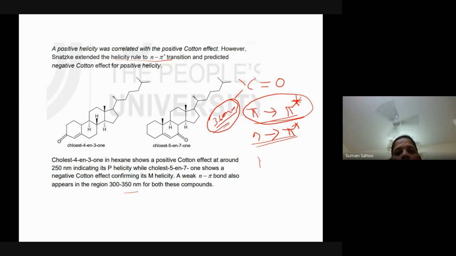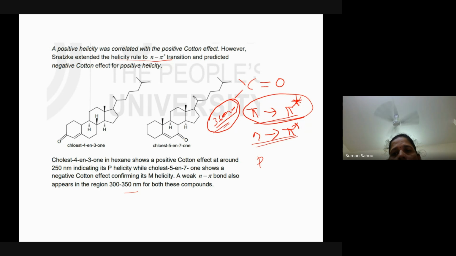P helicity gives a negative Cotton effect, and a positive Cotton effect is given by M helicity. So that also depends on which kind of transition you are observing. But mostly P helicity gives a positive Cotton effect, and M helicity gives a negative Cotton effect.